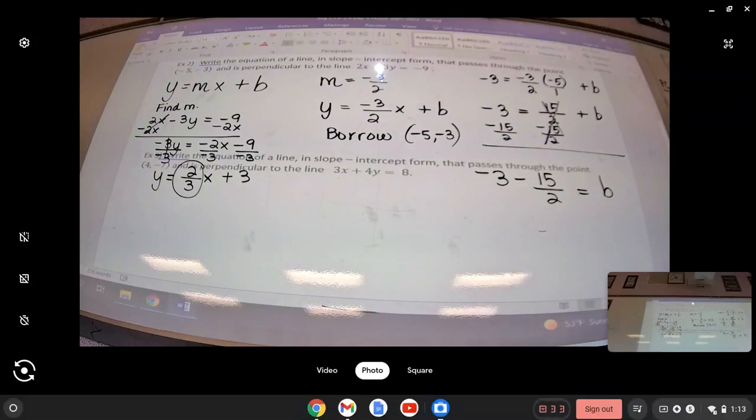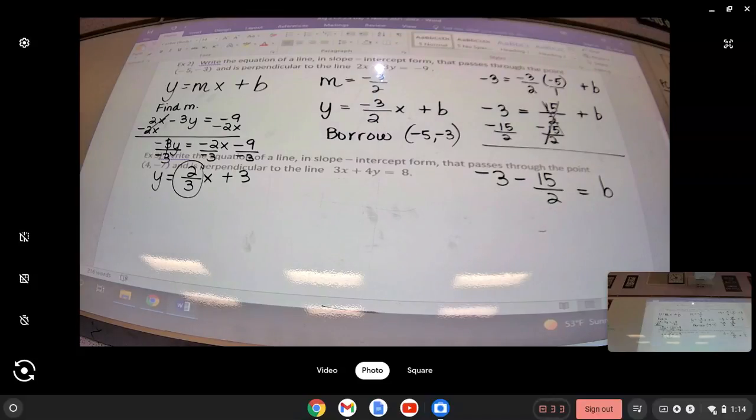What happened here? Once you had -3 equals 15 halves, what did you do to get -8? Your calculator should not have told you -8. What'd you get? Is it 9? No. -3 minus 15 halves. You got the right idea, but it doesn't become 9 over 2. It's just minus.